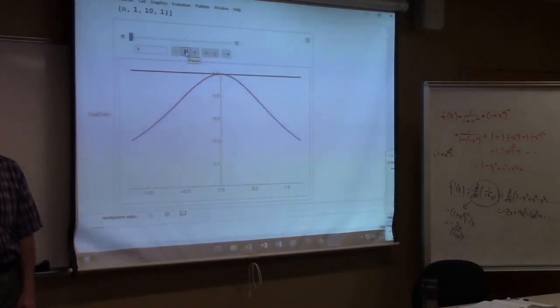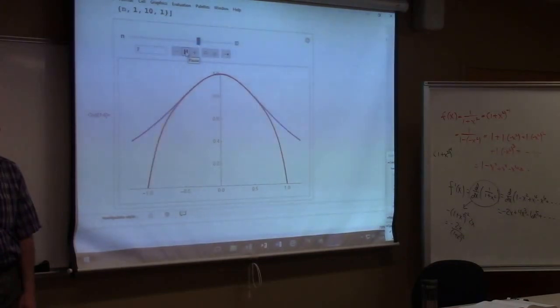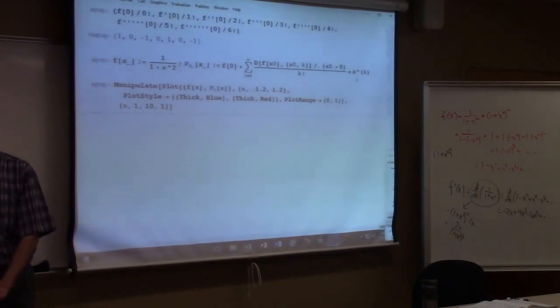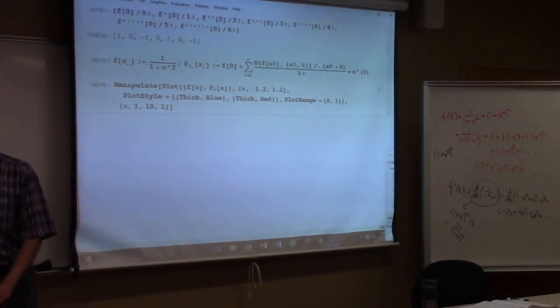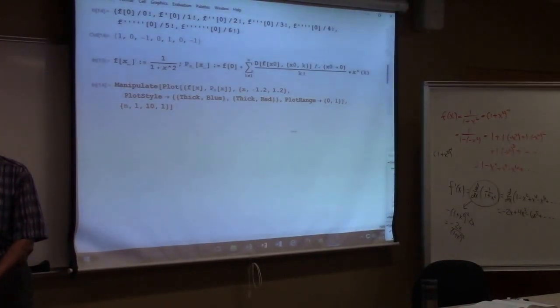Playing this, you can see it converging to the blue graph on the interval from -1 to 1. Let's check the other facts. I'm not going to bother graphing, but let's check the formulas.